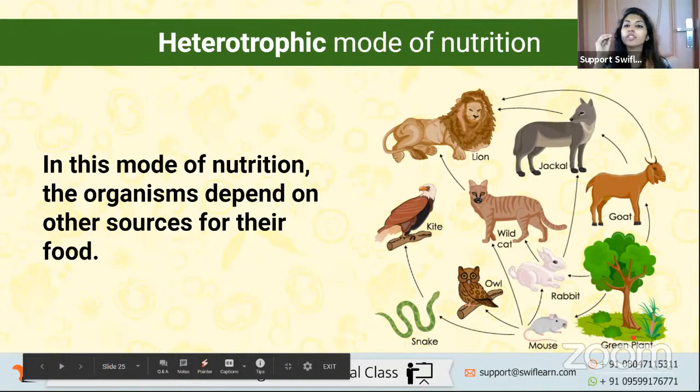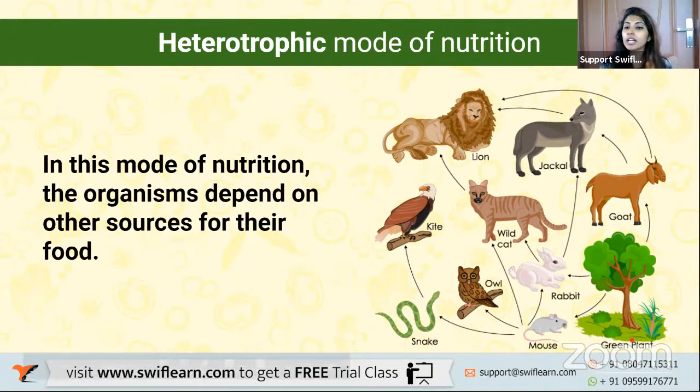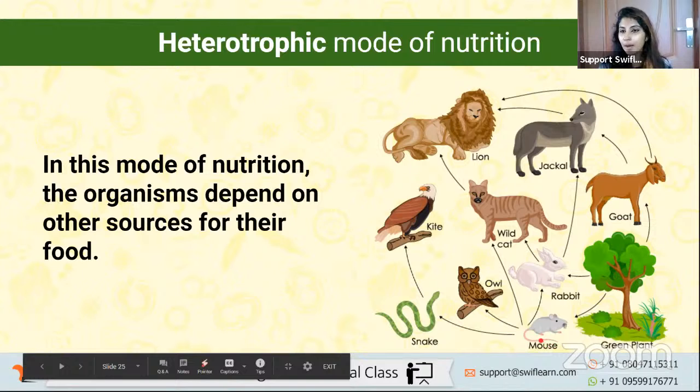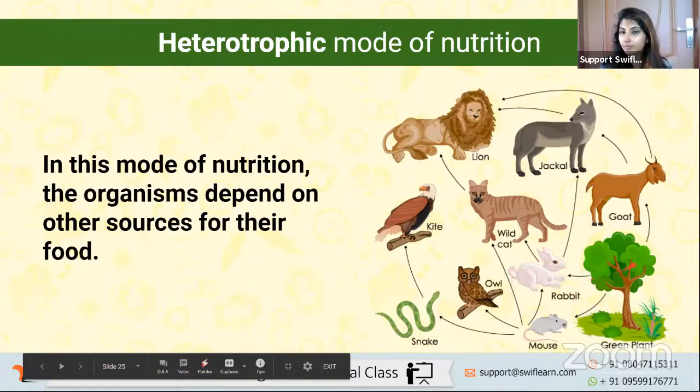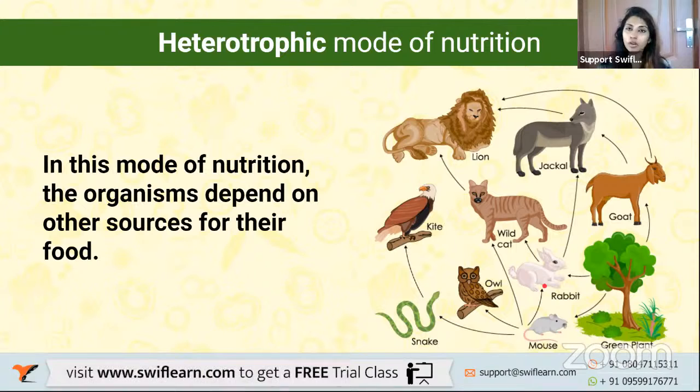Another example: a mouse is eaten by a snake, and a snake is eaten by a kite. So the nutrition from the mouse is had by the snake and the kite. And where does the mouse get the nutrition? From the rabbit. Where does the rabbit get the nutrition? From the plant. This is how the flow of nutrition works.